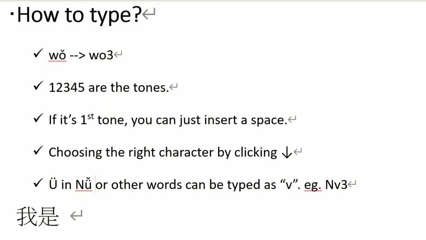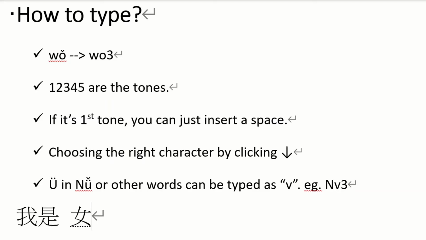For example, I want to type the female, 女. You can just type N and then use V instead of U, then the 3rd tone, placing the number 3 here.